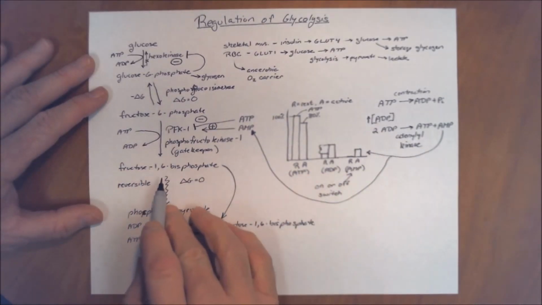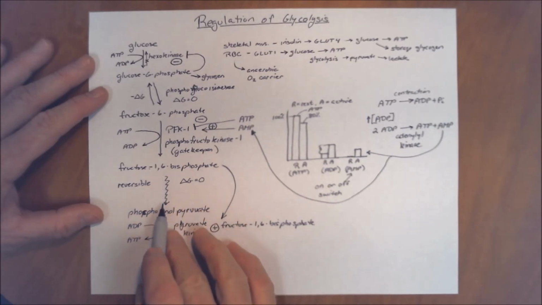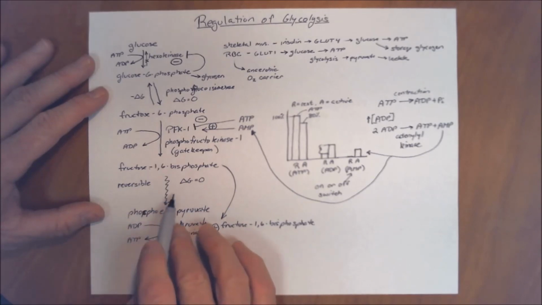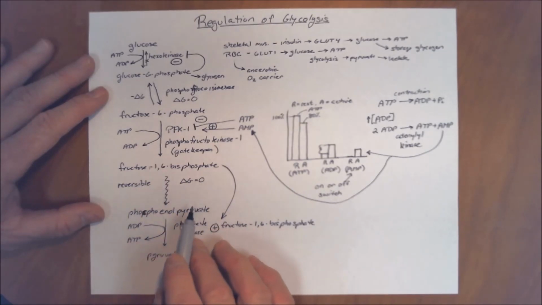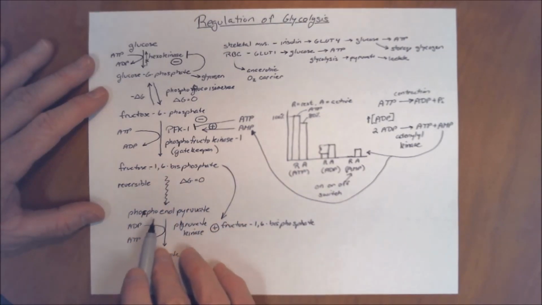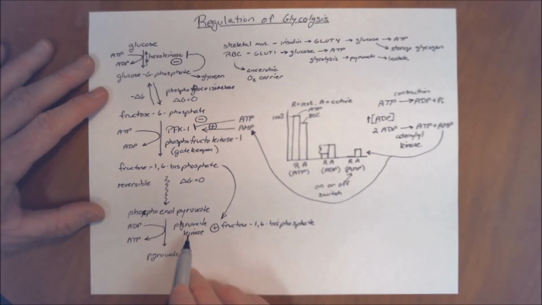So if there's any slowing in glycolysis for some reason here, the reverse reactions could potentially occur, which will throw ATP production off. So in order to prevent all of these reactions from being reversed, we are going to take the last step in glycolysis and have a feed-forward reaction to increase the activity of pyruvate kinase.